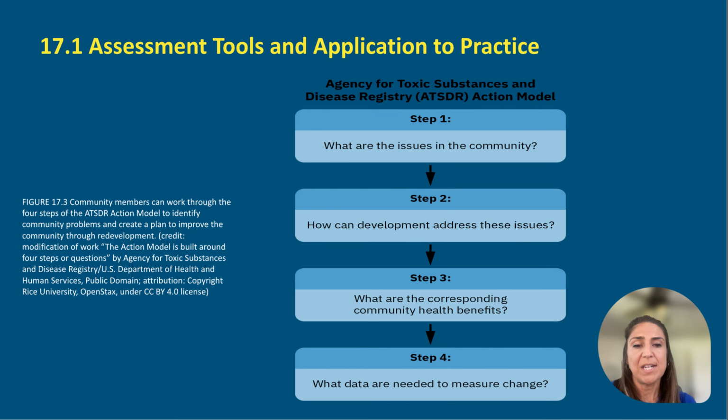The third is looking at the action. So what are we going to do about it? And fourth is seeing if it succeeded. So how did we evaluate it? So by working through these steps, community members develop actionable strategies to build physical or environmental changes, and then go from there to make some sustainable change.